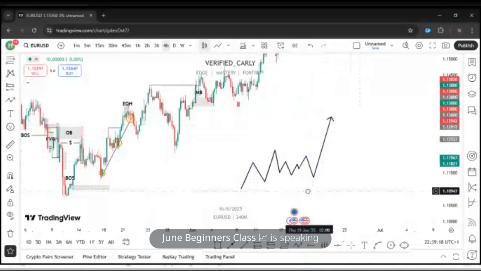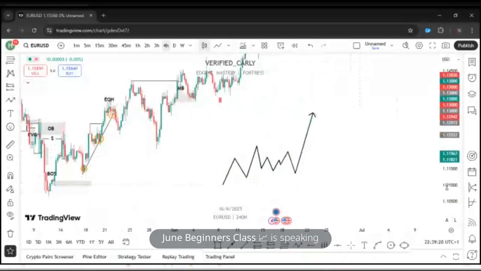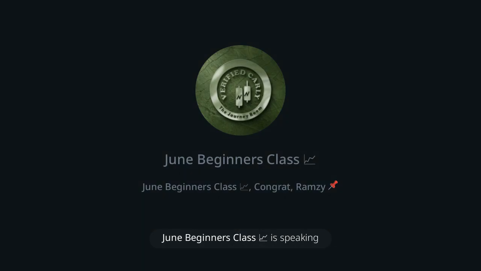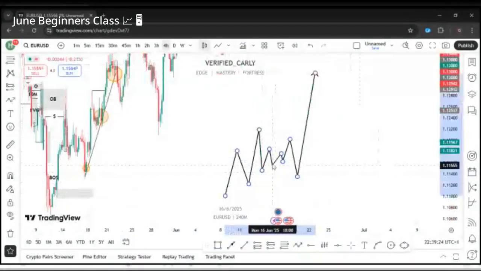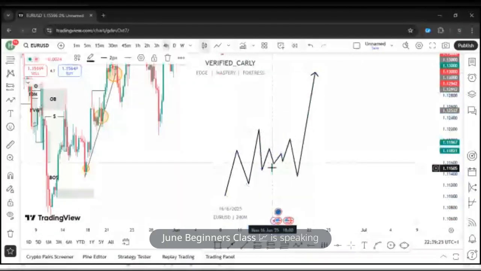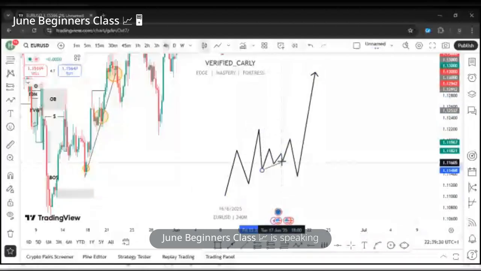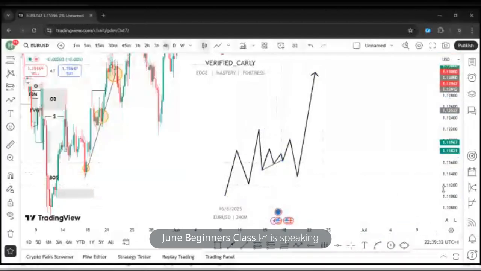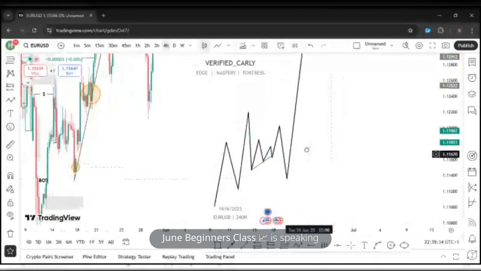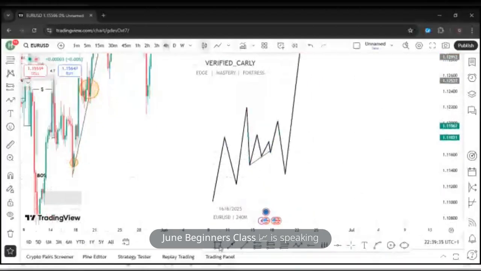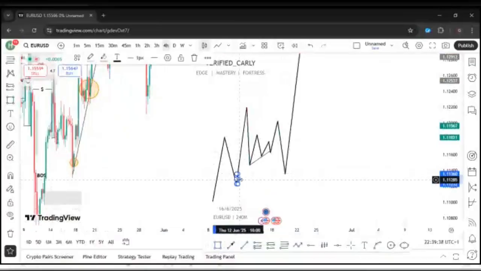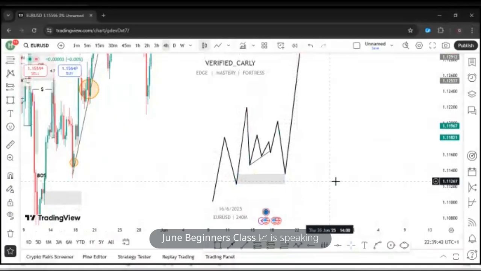This is in a bullish market. You might see this as rubbish, but let me use these zones for example. See all these three zones here, right? These are liquidity. Then this is your main area of demand that led to this break of structure over here.